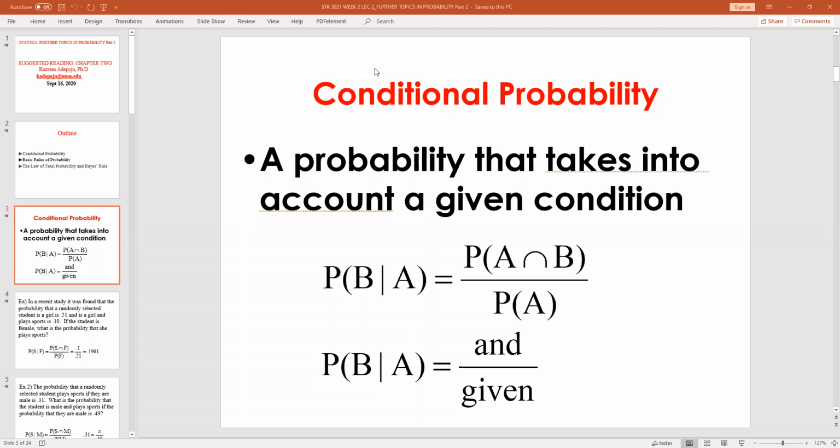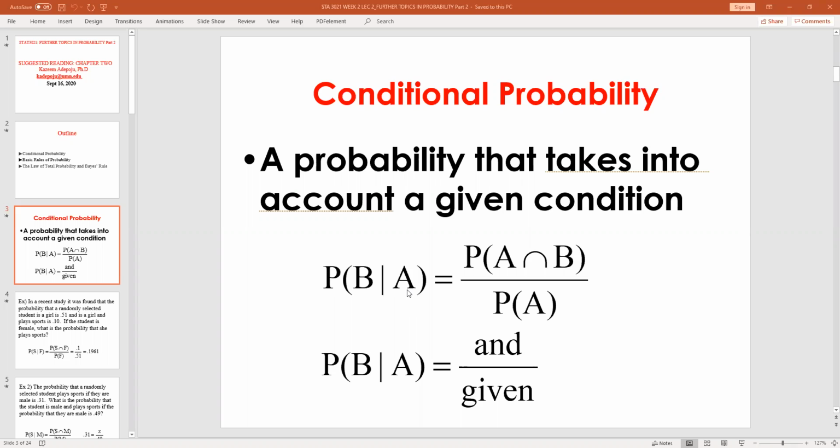If I'm looking at the occurrence of B and I've observed A, what is the probability that B is going to occur, given that I have evidence about A, given that A has already occurred?